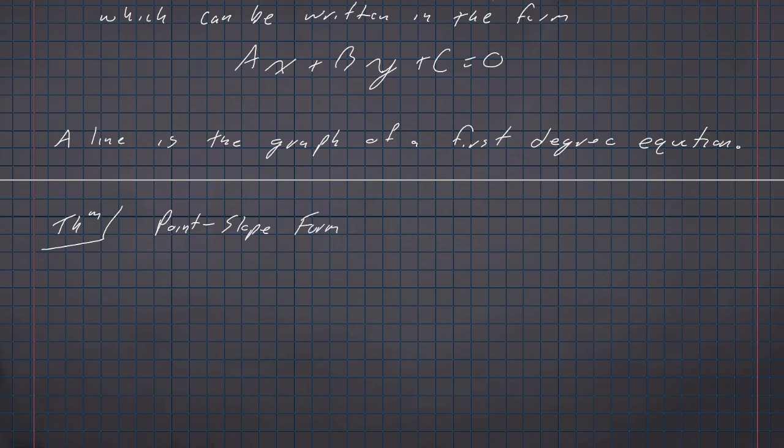This theorem is called the point-slope form of a line. Again, something that you may be familiar with from previous mathematics courses.